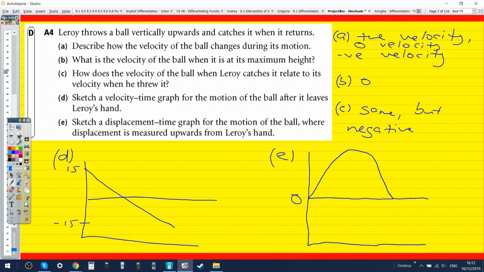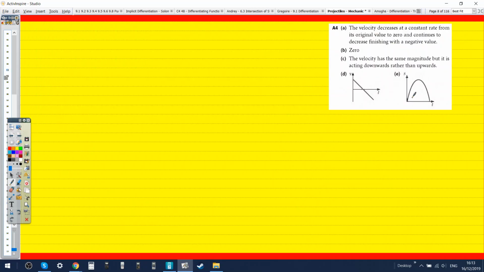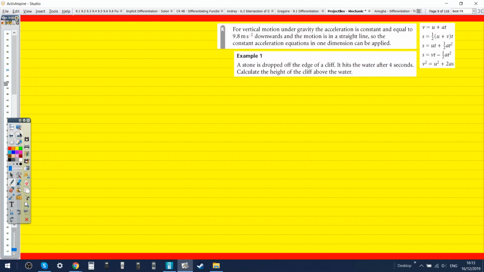That's velocity time. This one is displacement time. So velocity is a straight line, displacement a curved line. Okay, so they're assuming that the hand is at 0. All right. Any questions there? No. Okay, let's try this one.